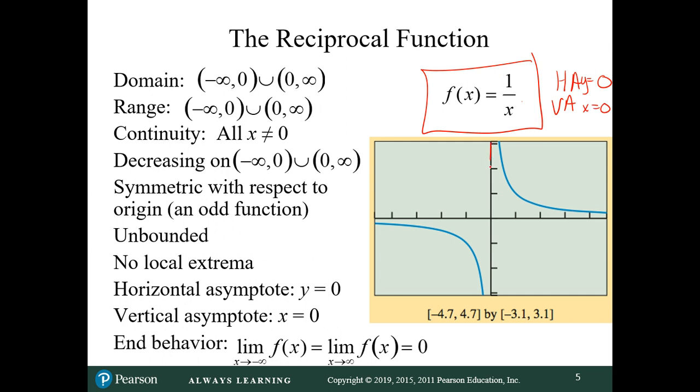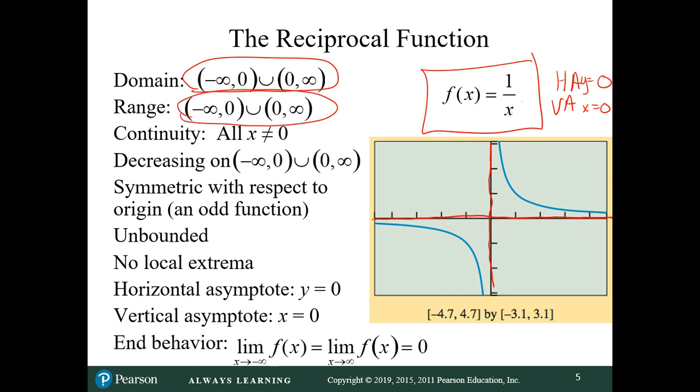So here's our vertical asymptote, here's our horizontal asymptote, okay? So the domain is not all real numbers because 0 isn't on the function. You can't divide by 0. So this is why the domain is written like this, okay? And because we skip over 0, then a y value of 0 is not included either. So that's why it's written like that, okay?